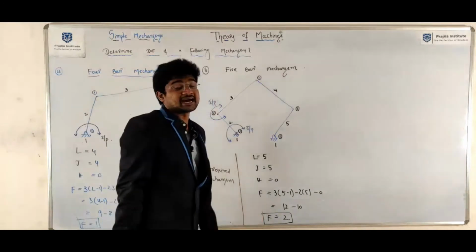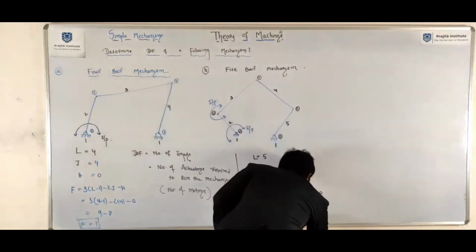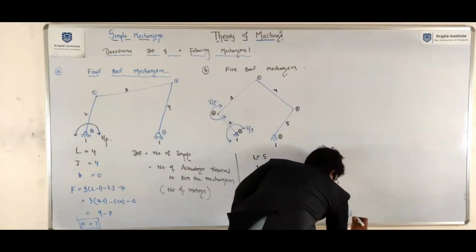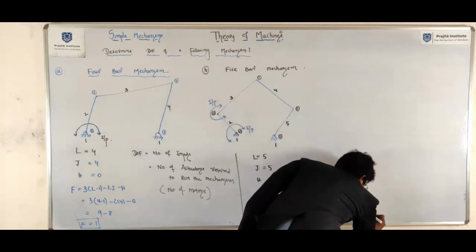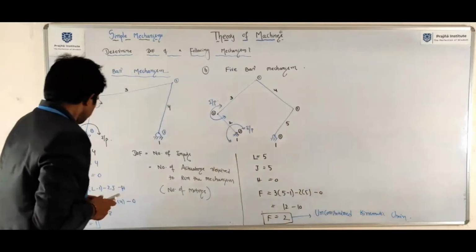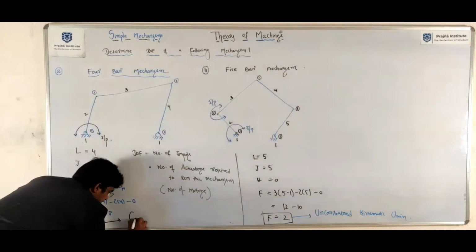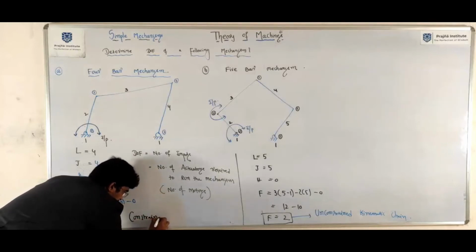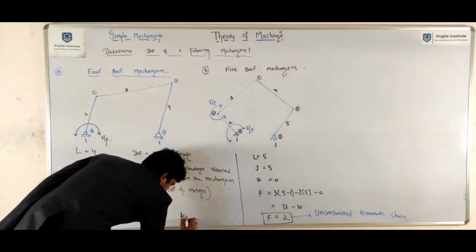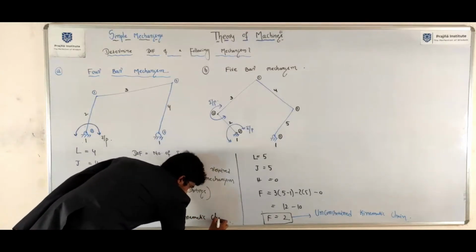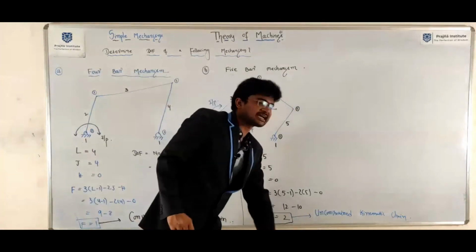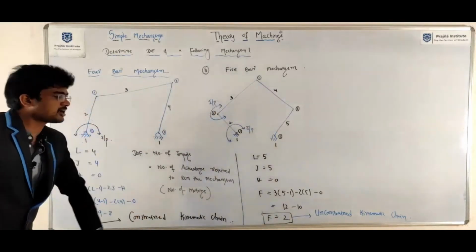It is an unconstrained kinematic chain. Degree of freedom 1 is a constrained kinematic chain.